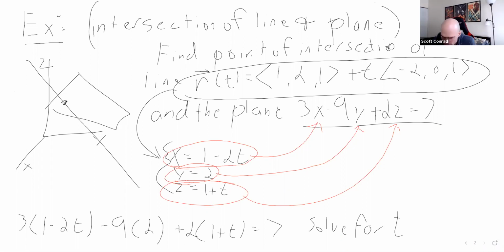So just get t by itself. When we do that, we get negative 6t plus 2t, and then we get 3 minus 18, so negative 15 plus 2, negative 13. Bring it over, and we get 20. So t is equal to negative 5.